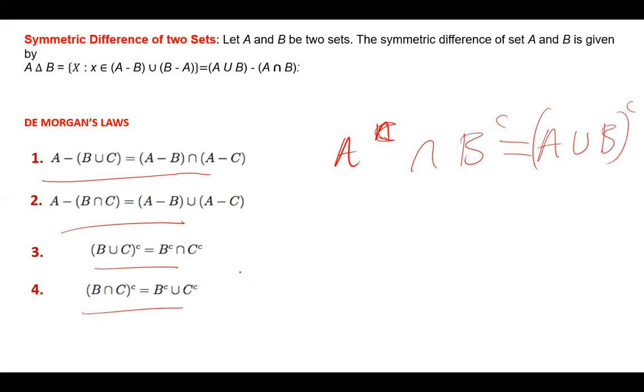So I've just switched them. I've just started from this side going to this other part. So you can also say A intersection B, then in brackets complement, can be written as A complement union B complement. So that is what it means.